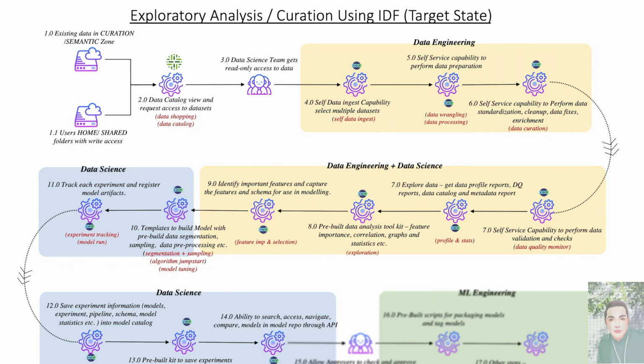The blue box is more like an experimentation phase where, as a data scientist, I might run 50, 100 experiments. Each experiment is a little bit different from the previous experiment. I can experiment by changing the parameters and hyperparameters of a model. I can even experiment by saying I want to solve the same problem with another algorithm.